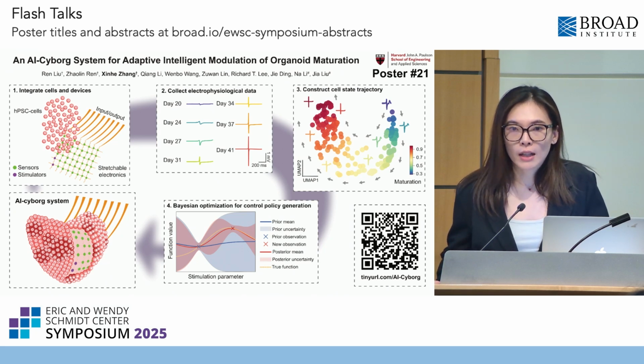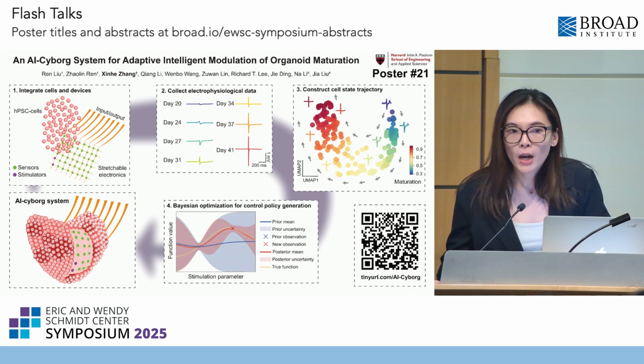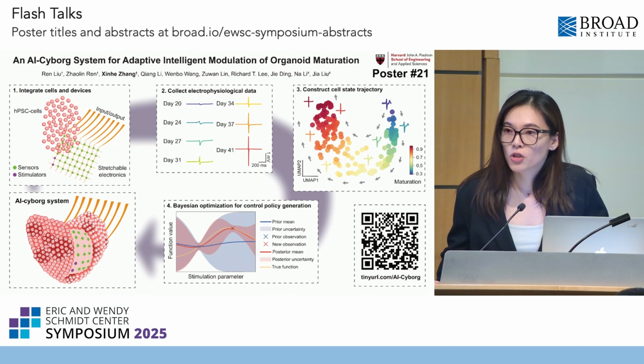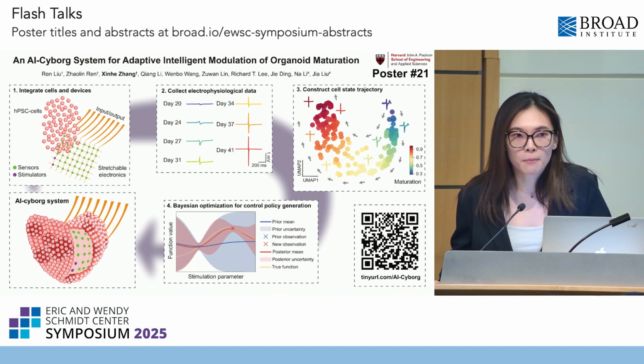Based on the electrical data, we construct a pseudo-temporal trajectory, a concept adapted from genomics analytical methods, to represent the organoid maturation functionally. And based on this trajectory, we employ a Bayesian optimization framework with a Gaussian process surrogate model to learn stimulation policies that dynamically adapt to the evolving biological state to achieve optimization with high sample efficiency.